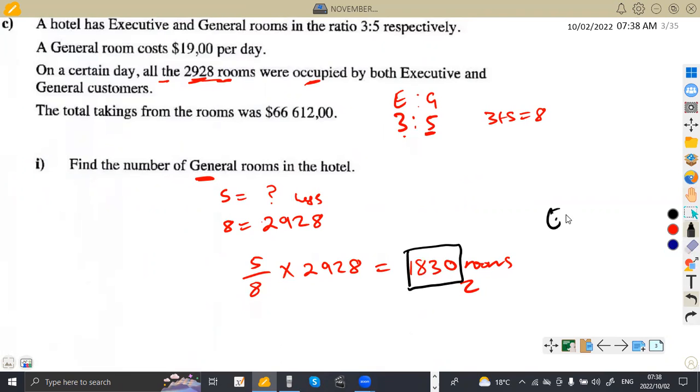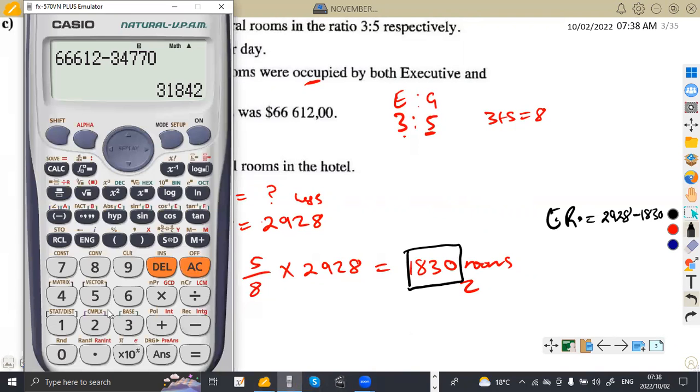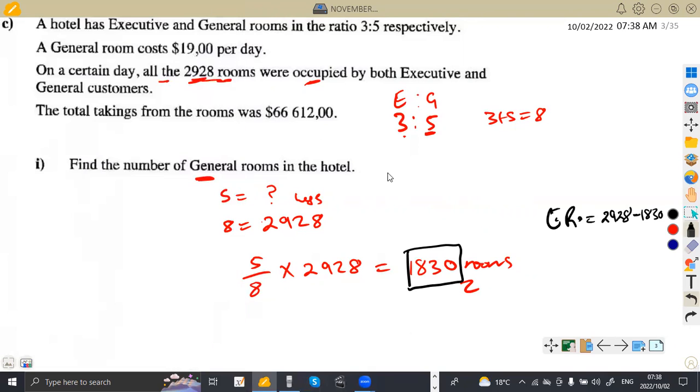So to find the executive rooms, we just subtract 2,928 minus 1,830. This is going to give us 1,098.